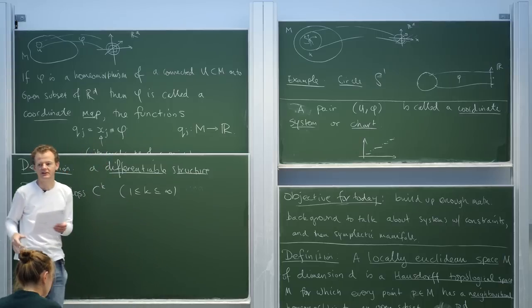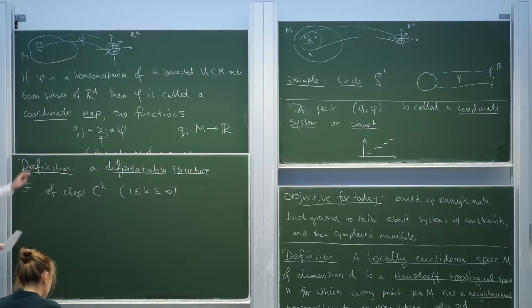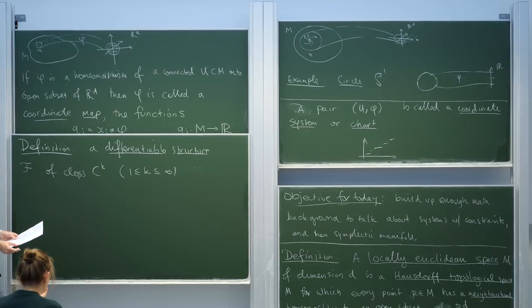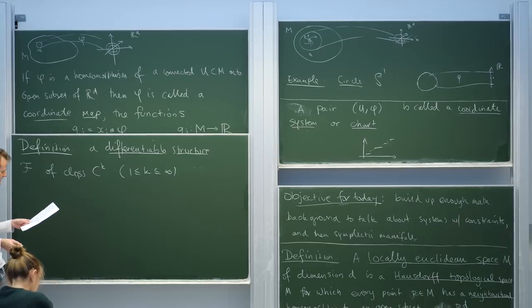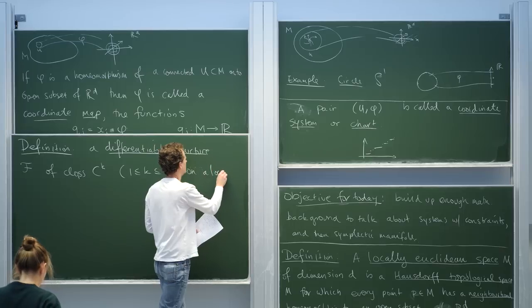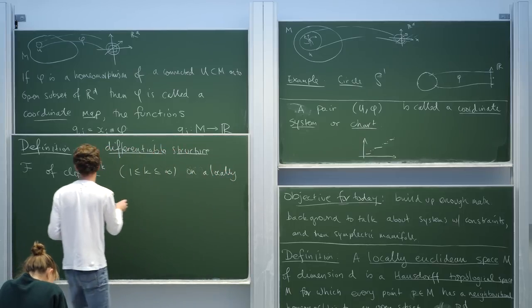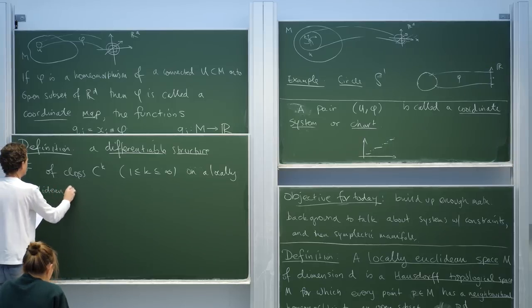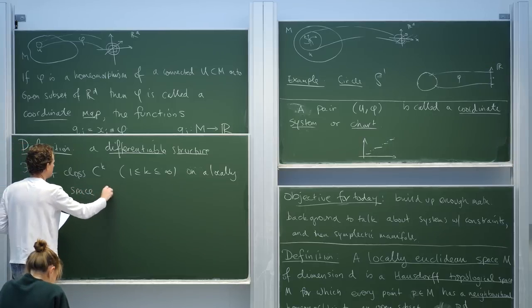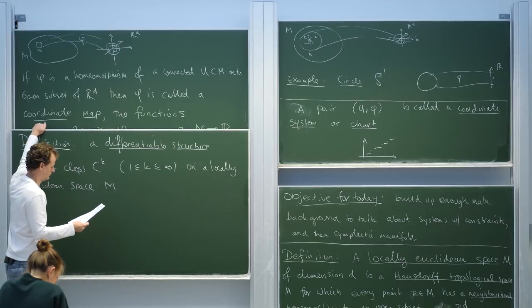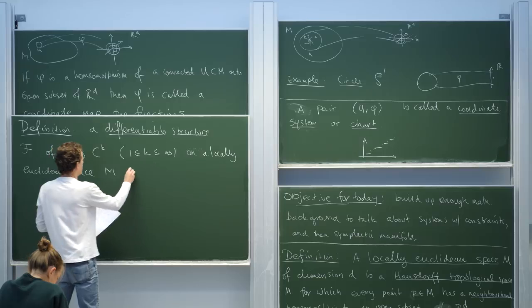And demand that everything starts to be differentiable so that we can take derivatives and not have them explode in our face. So a differentiable structure of class C to the k on a local Euclidean space is some extra structure that we're going to put on top. What is it?